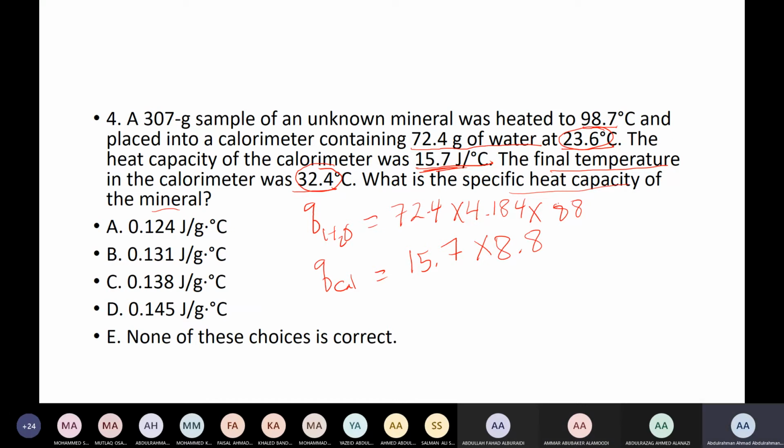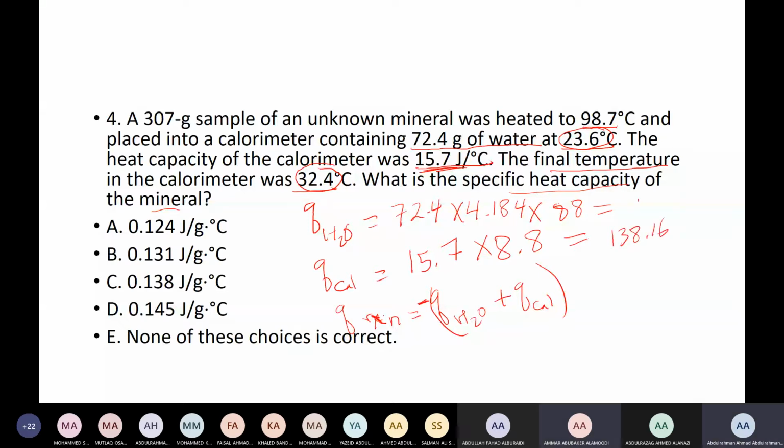Now, calculate. Give me the answer. What's Q of reaction? Negative. Exactly. So what's the answer for this first one? Q of the calorimeter is 138.16.